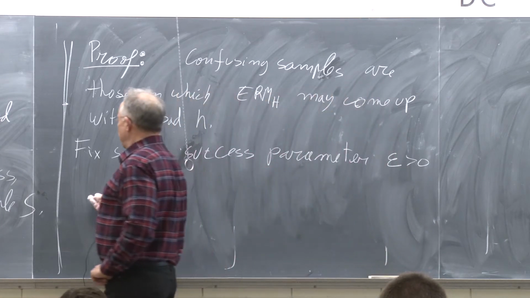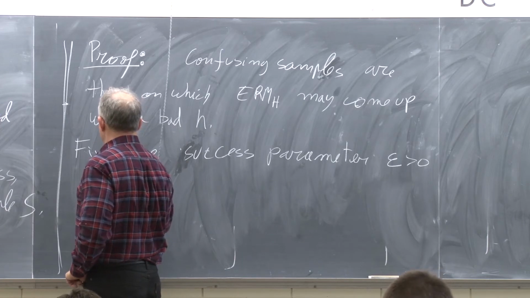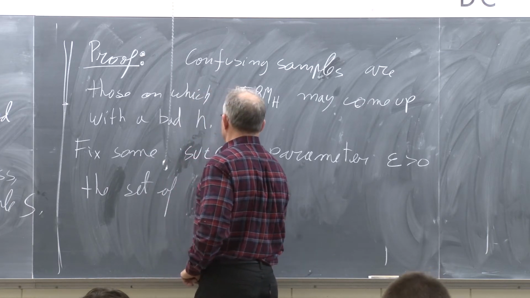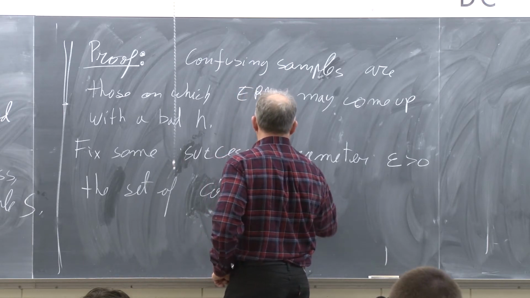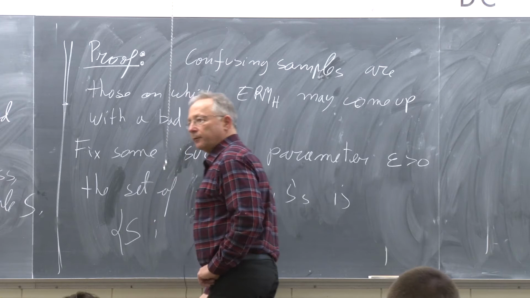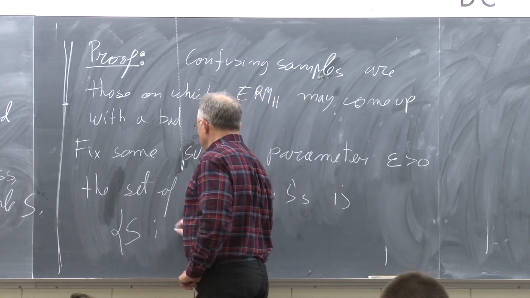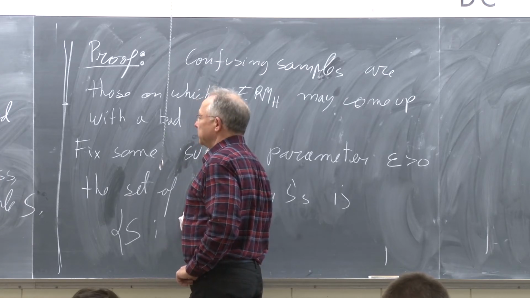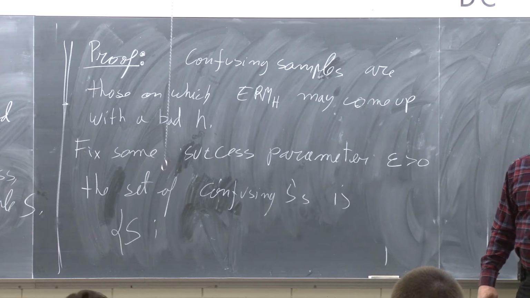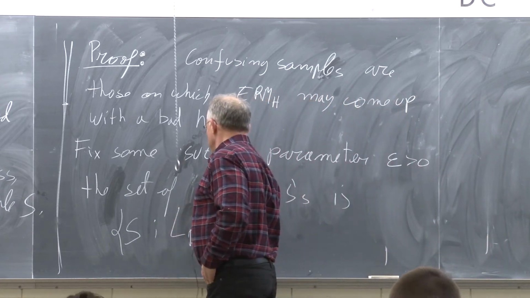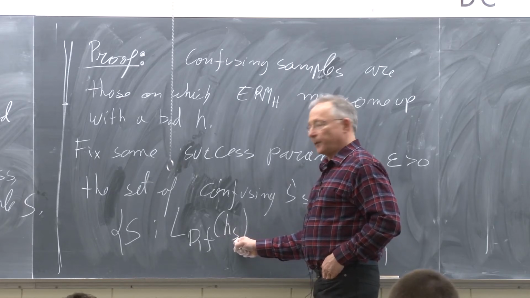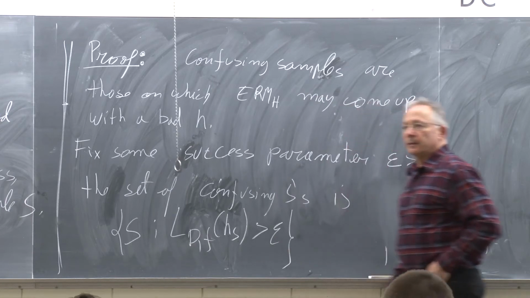So I will say that S is bad if it belongs to the set of bad or confusing S's, the set of all S such that my learner, so how do I denote it, okay, so that the true error of h of S, where h of S is the hypothesis that my learner comes up with when he sees S, is greater than epsilon. So those are the bad samples.